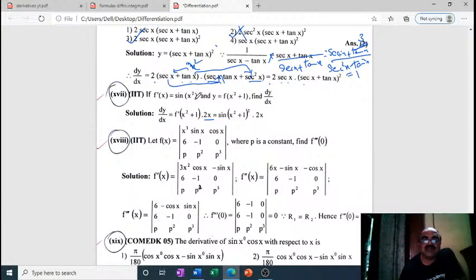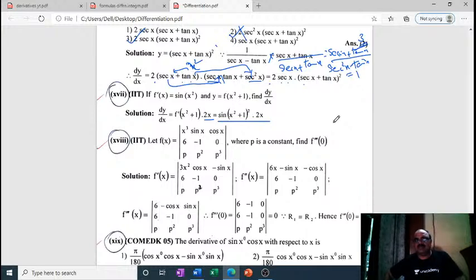It is sine x square. So substitute it here. Sine of x square plus 1 the whole square. Why is it x square plus 1 the whole square? It is x square. Sine x square, f dash of x, into the 2x which was there in this sum. This is the answer.